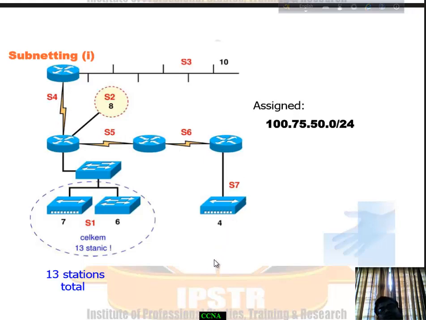Okay, so let's go through how to calculate the subnet chain for this topology.